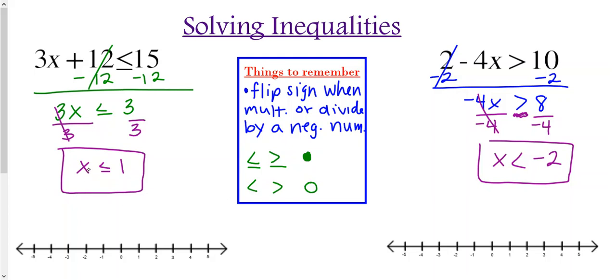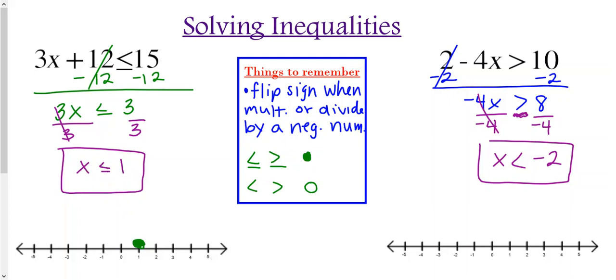Okay, so looking at this problem over here. We had x is less than or equal to 1. So I'm going to find the number 1 on my number line, and I'm going to draw a closed circle because it is an equal to symbol. And what this is saying is x can be anything that is less than or equal to 1.